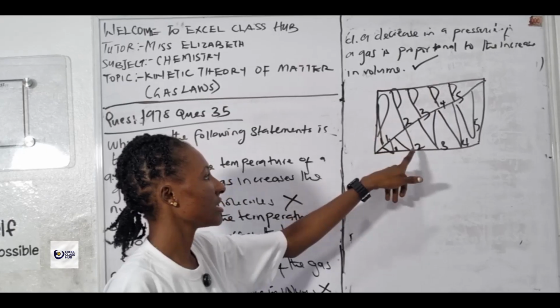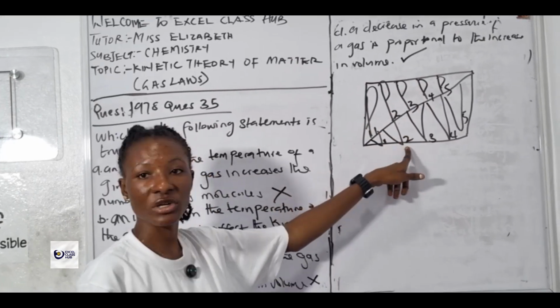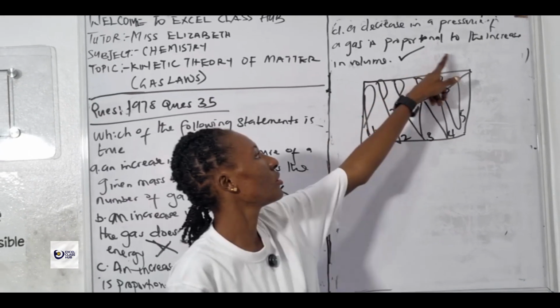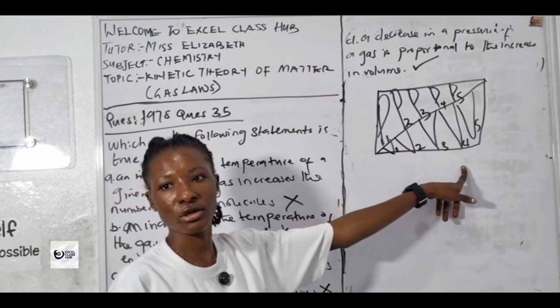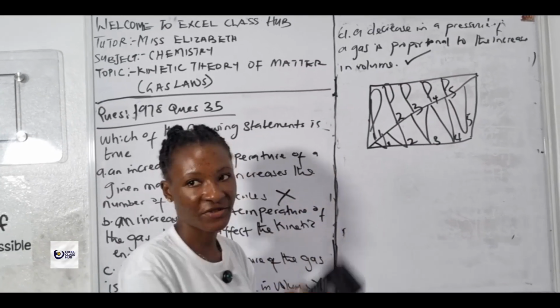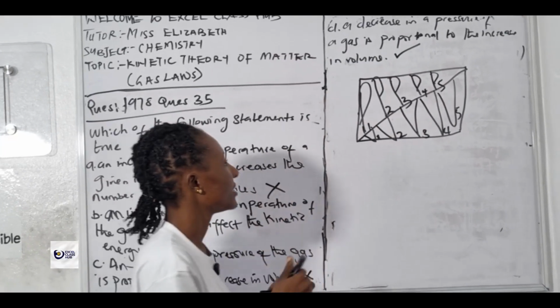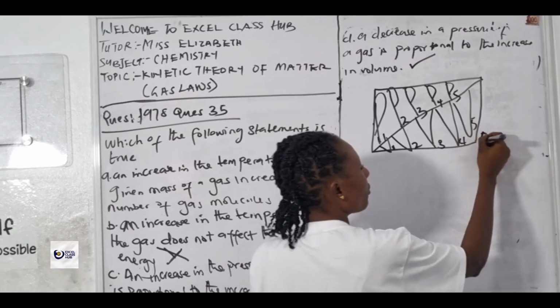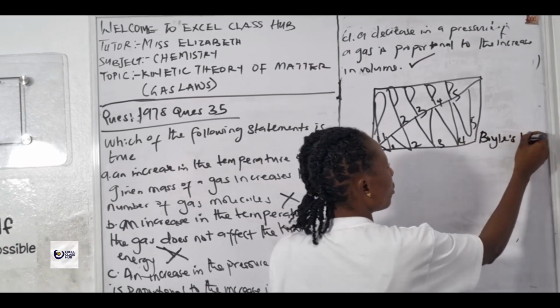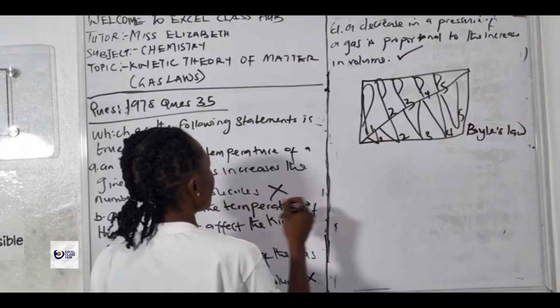When P2 decreases, V2 increases. So the higher the pressure, the lower the volume, and vice versa. So the right answer is D, which proves Boyle's law. So let's move to the next question.